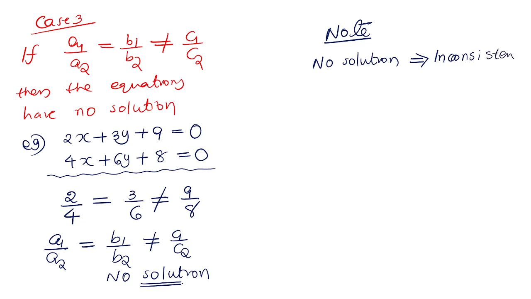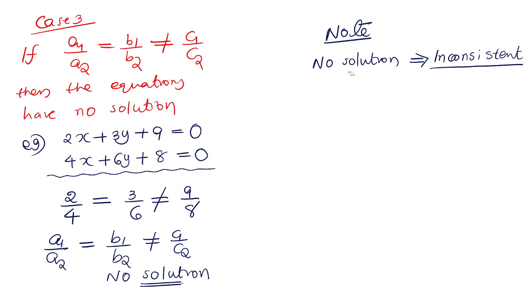The meaning of inconsistent is it is impossible to solve it. These two equations will not occur together. It is impossible to solve.